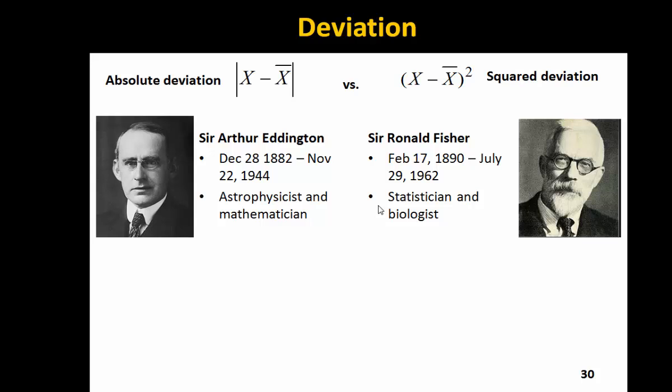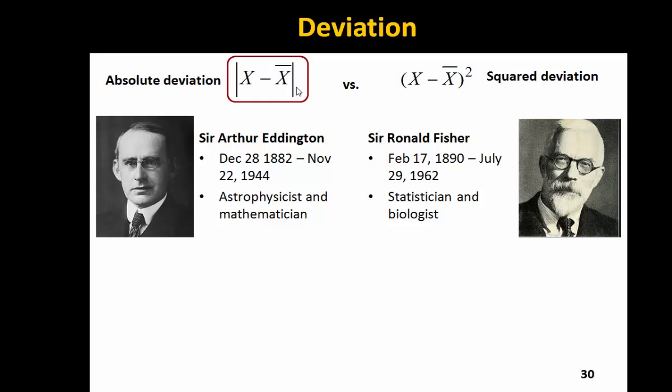In the early part of the 20th century, two scientists, Sir Arthur Eddington and Sir Ronald Fisher, both statisticians and mathematicians, one an astrophysicist and the other a biologist, proposed separate approaches to dealing with the zero-sum problem. Sir Arthur Eddington suggested that for each deviation value, the absolute value is calculated, and in doing so the negative sign is removed.